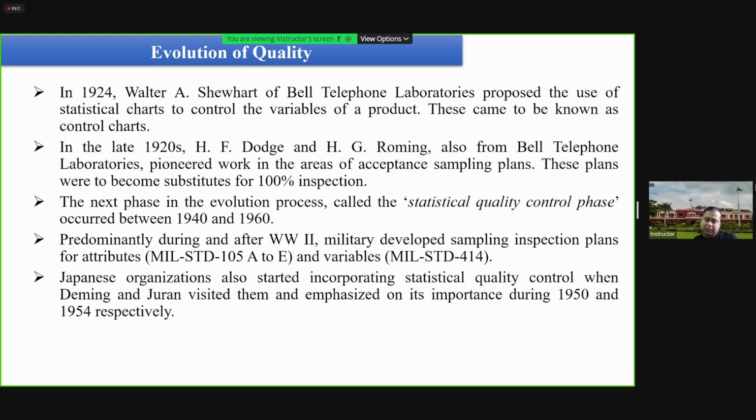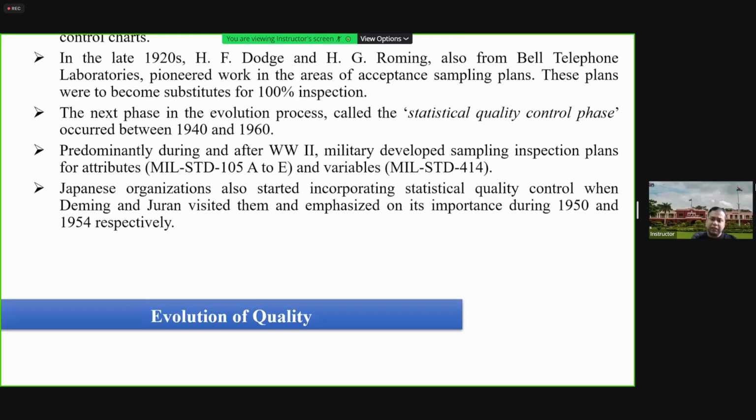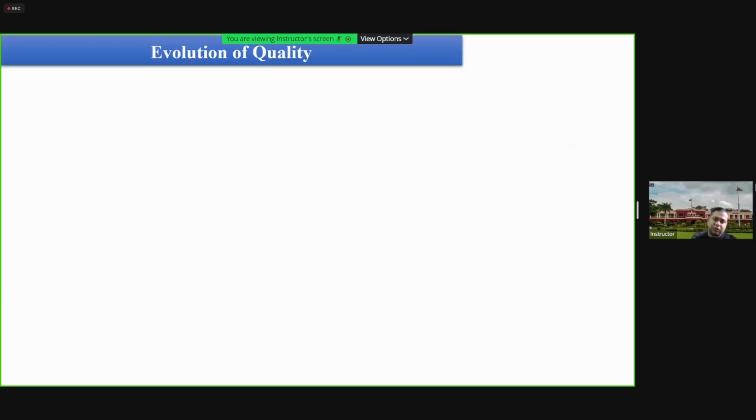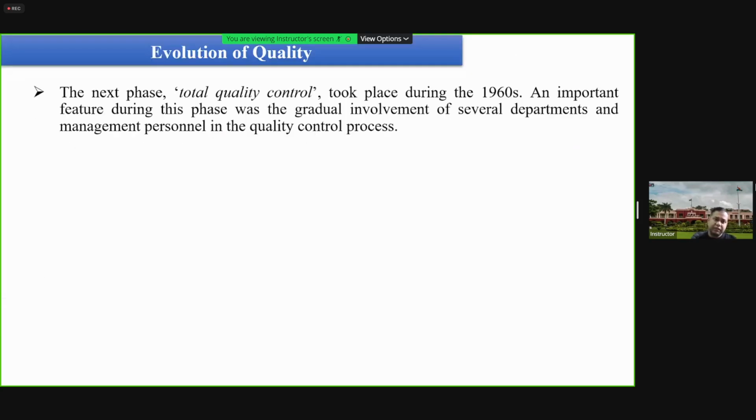But eventually this concept changed, and it was realized that other departments, maybe the design department, maybe our procurement or supply chain department that is managing the materials or vendors, are also important. So that era was called the total quality control phase, where it was realized that other departments and their people are also important.